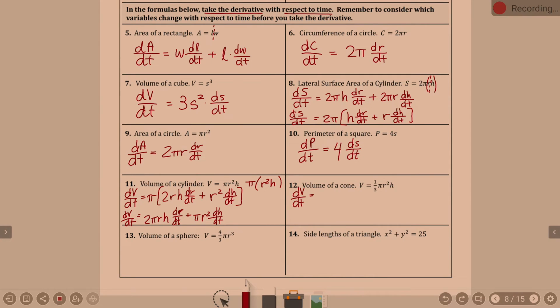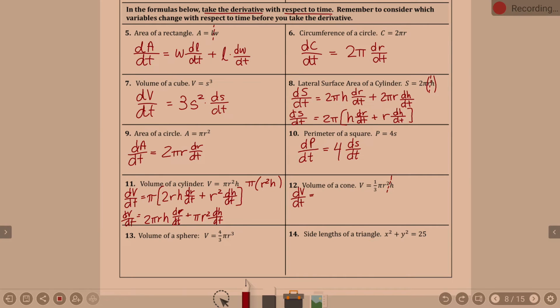dV/dt. Times h dr/dt. So if we keep the 1/3 in here, is that what we're doing at this point? It's an option.